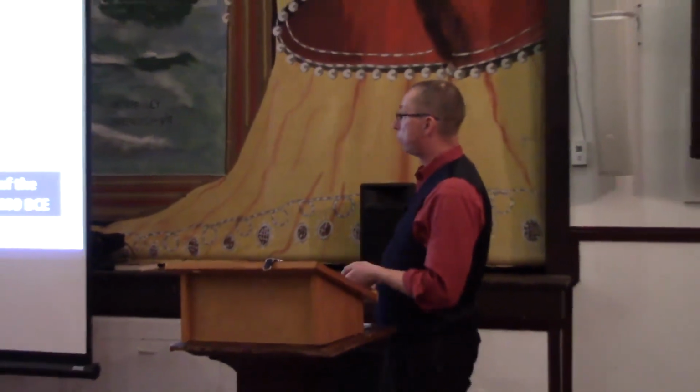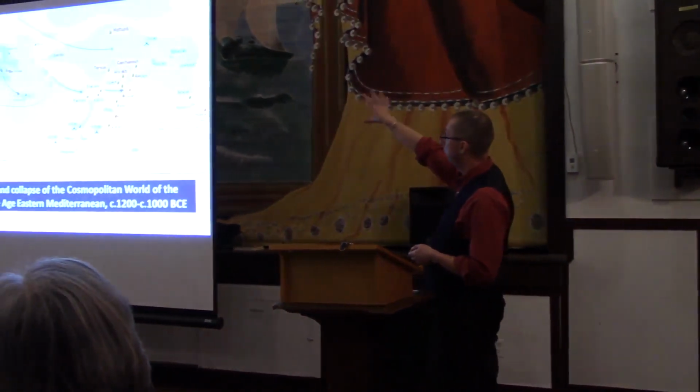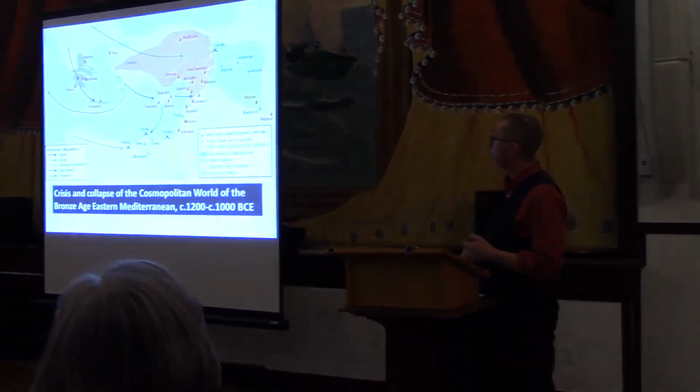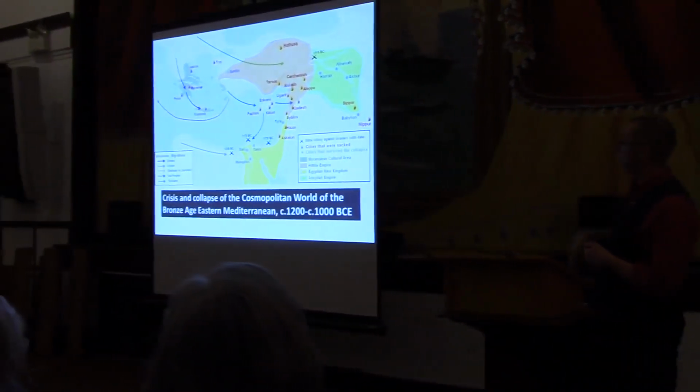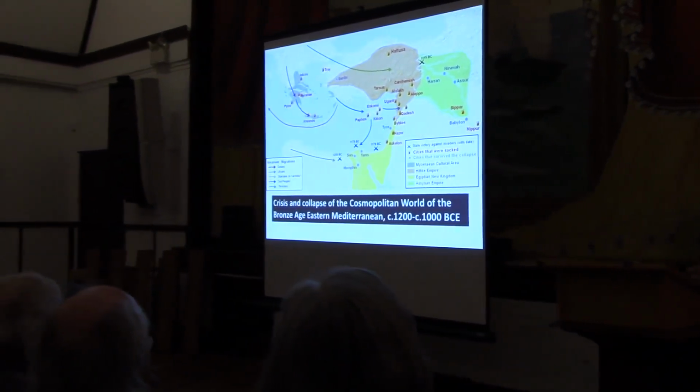And then, about 1200, this comes to a screeching halt. This is the crisis and collapse of the Bronze Age Mediterranean. You can see here the Assyrian Empire in the green, the Hittites in Anatolia, the New Kingdom Egypt in the yellow.